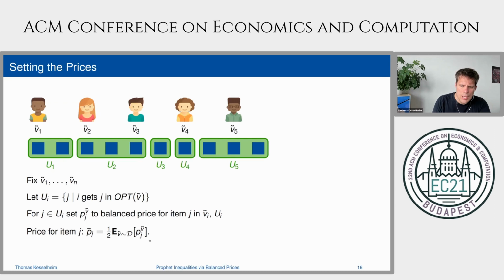Good. Now, why does this work? Why does this give us what we want? I will not go through the argument for why we actually get this half approximation of the optimal social welfare in the very general setting, but I'd like to turn to the setting where we know these valuation functions in advance.